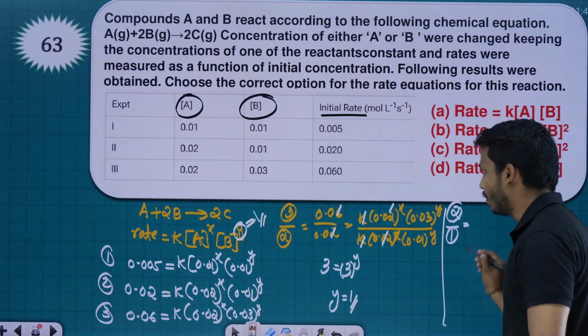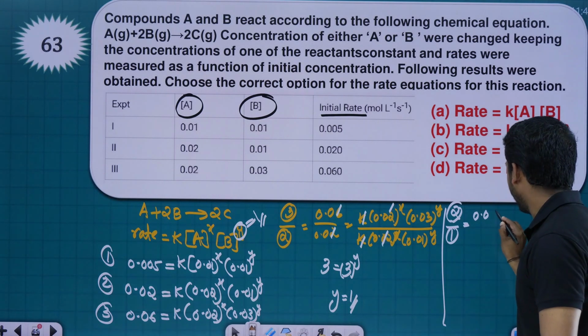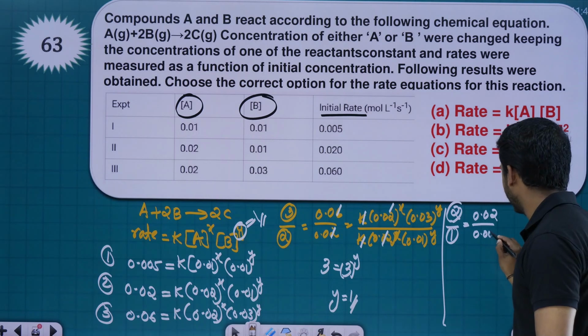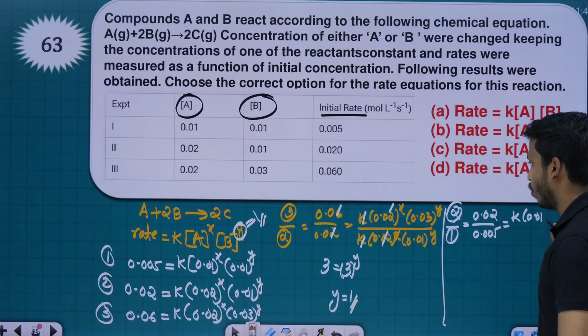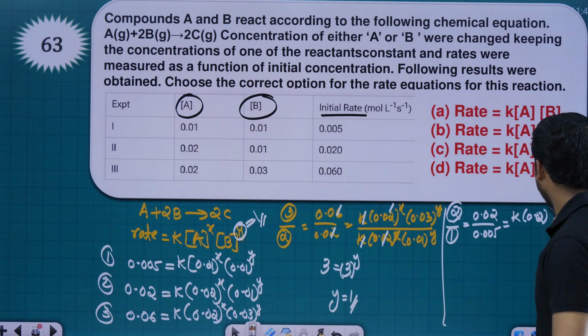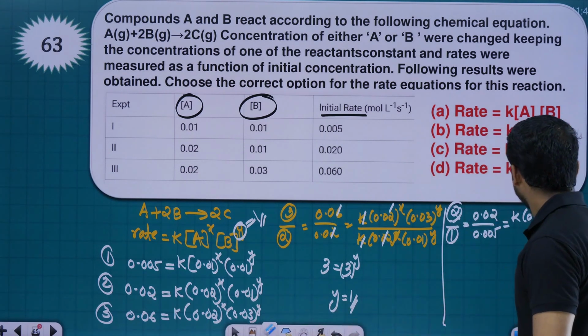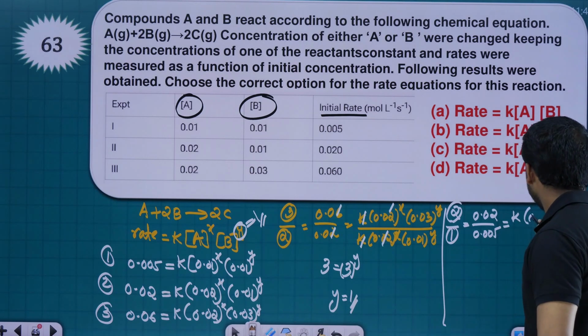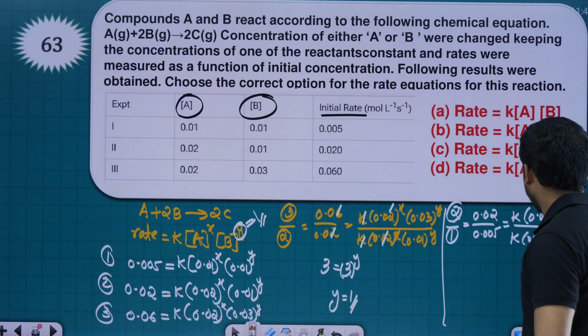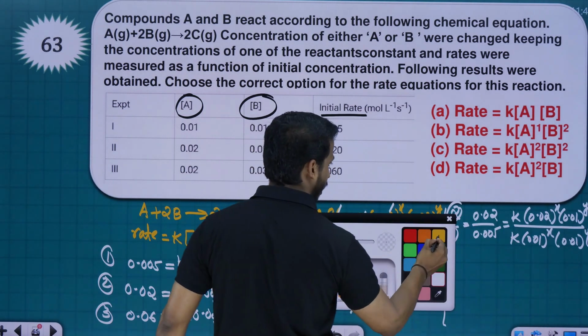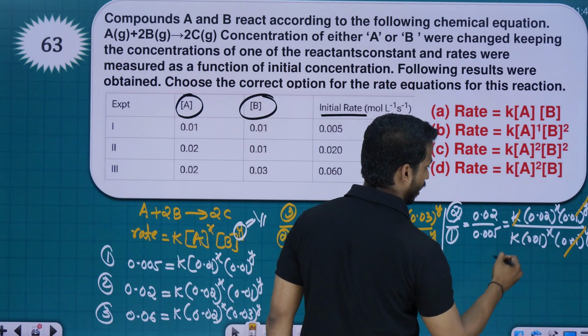If you do 2 divided by 1, you will get 0.02 by 0.005 equal to k into 0.02 raised to x into 0.01 raised to y, by k into 0.01 raised to x into 0.01 raised to y. We can simplify this, the y term cancels, k cancels.